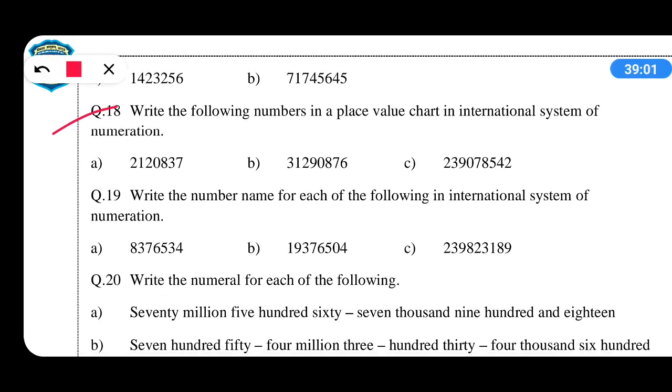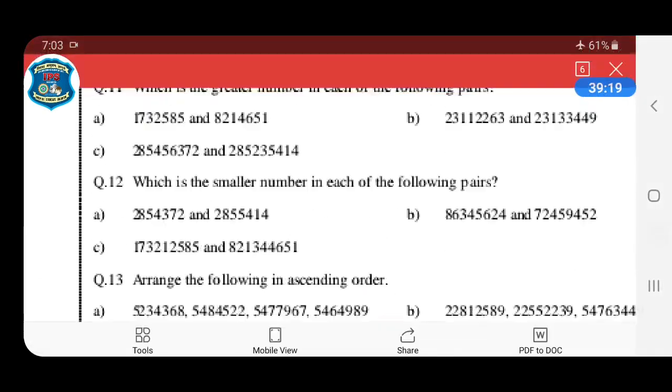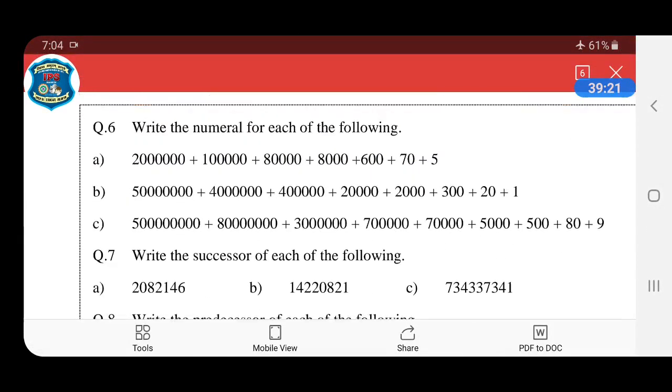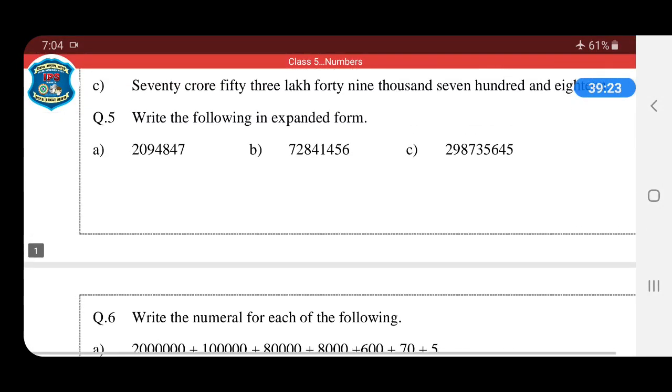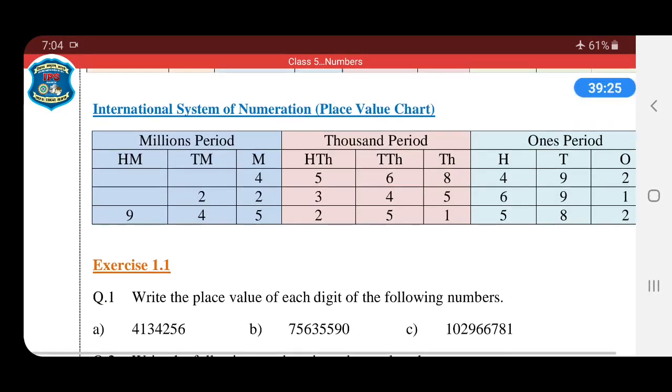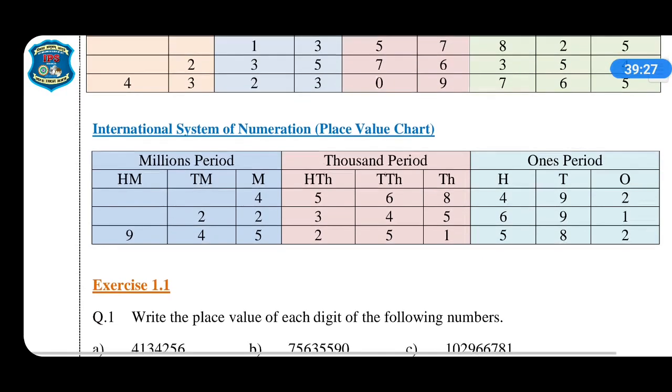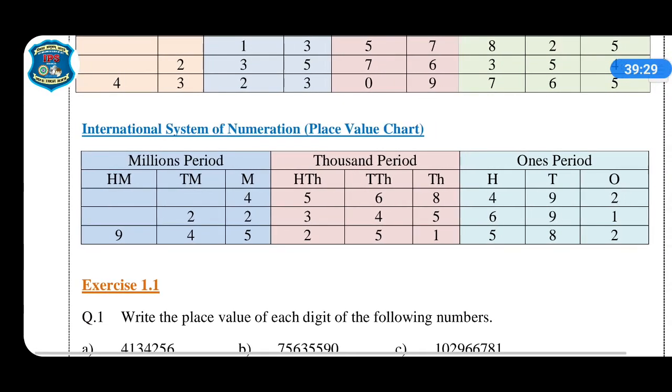Question number 18 is, write the following number in place value chart in International System of Numeration. So before starting this 18th question, first again you have to look at the International System place value chart. In the starting you have seen this is International System of Numeration, right?